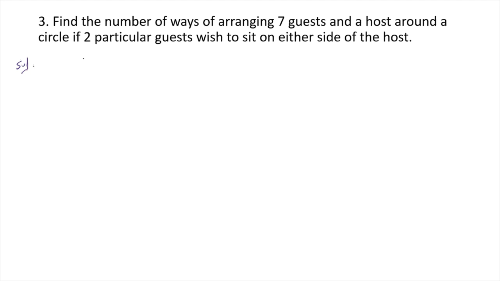So we have these 7 guests, G1, G2 and so on, G6, G7, and you are the host. Now these two special guests, G6 and G7, these two are your special guests. These two want to sit on either sides of you. So this is your round table.